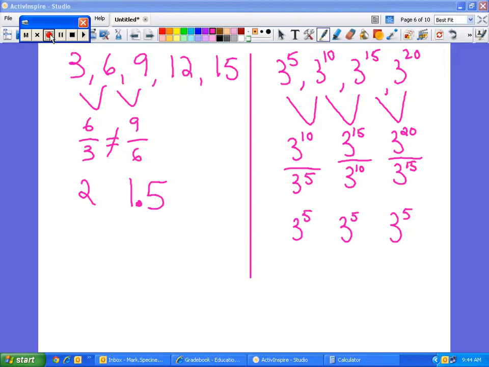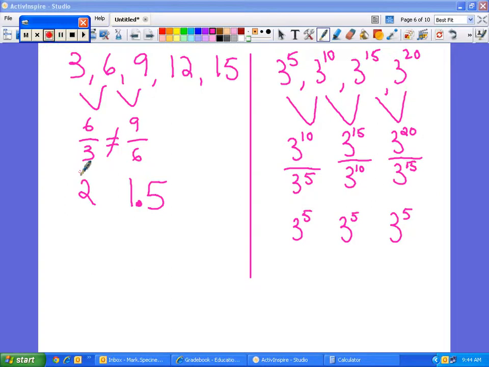Again, we do the same thing. We do 6 divided by 3, which coincidentally gives us 2, just like we did the first time. But here we have 9 divided by 6. 9 divided by 6, of course, is 1.5. As soon as you see that the quotients are different, you can stop, because that tells us immediately that there is no common ratio, and therefore, no geometric sequence.